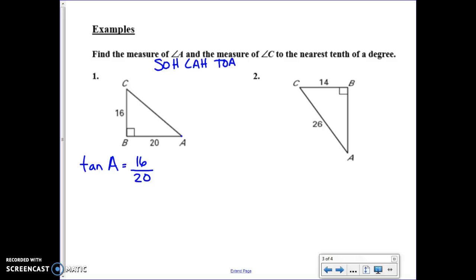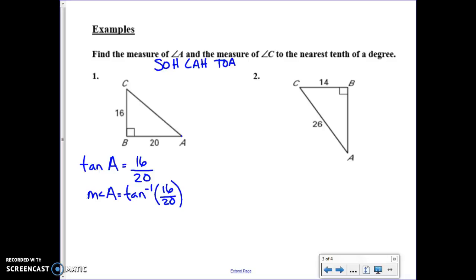So to do that, we're going to take the inverse tangent. So the measure of angle A is equal to the inverse tangent of 16 over 20. I'm taking the inverse tangent of the other side there.